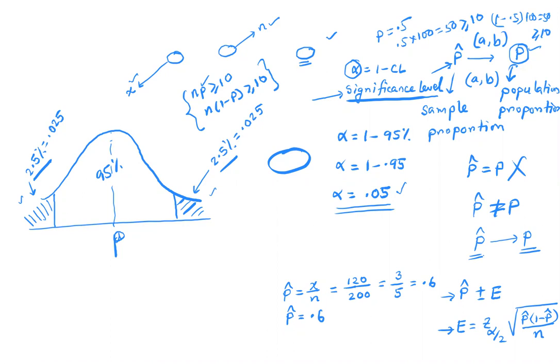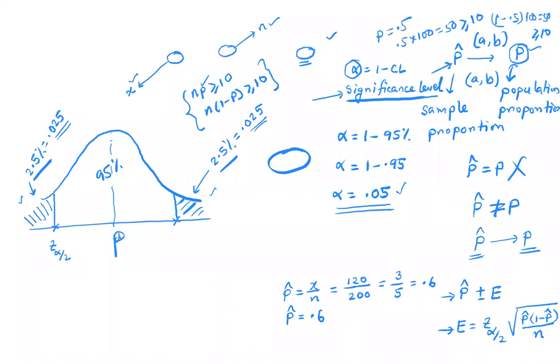Okay, so now let's go ahead and find this. Bear with me. It may sound confusing, and it probably does for many of you, but trust me, by the end of the class today, you'll be all good with it, and you'll be like, oh, it's not so bad. So associated with 0.025 area on the left and 0.025 area on the right, there is going to be some z value, and that z value is your z sub alpha over 2.